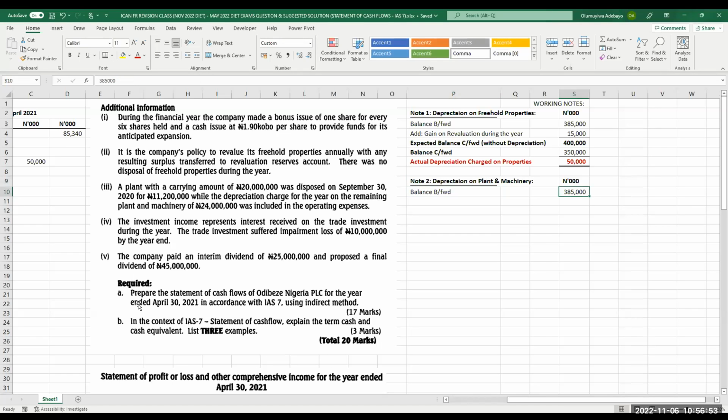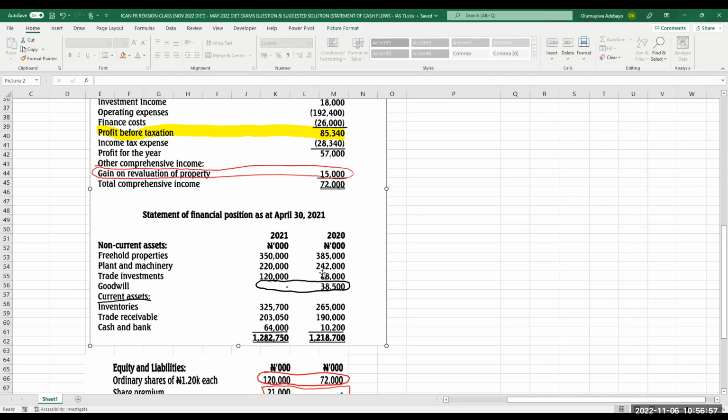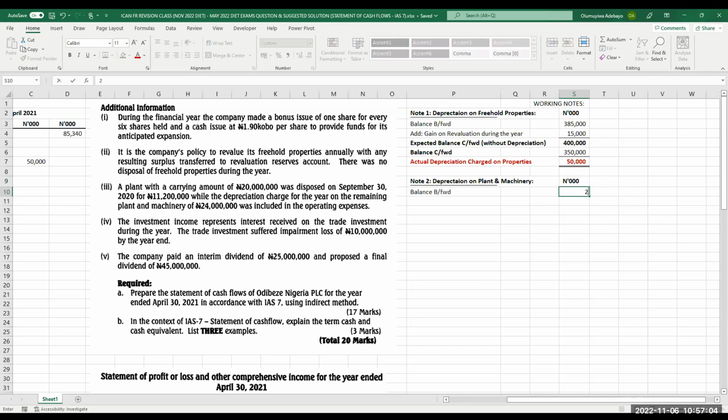Okay, what is my balance in that? My balance in that is 242.